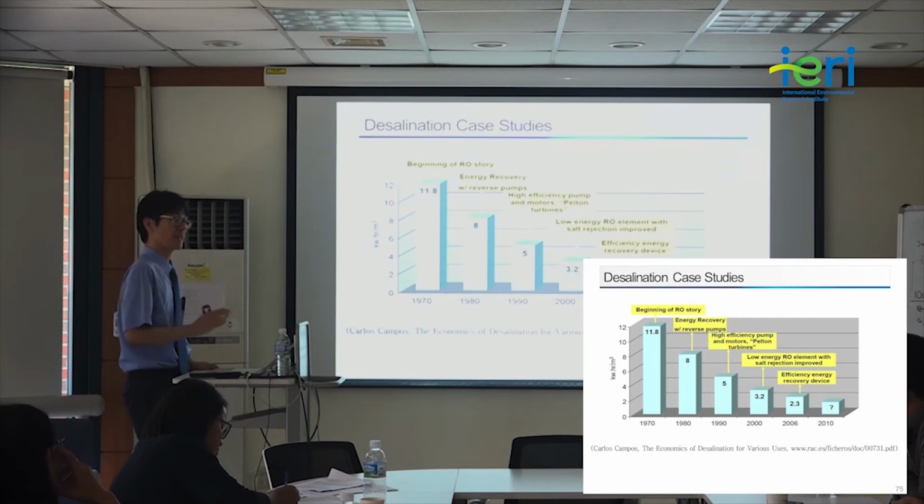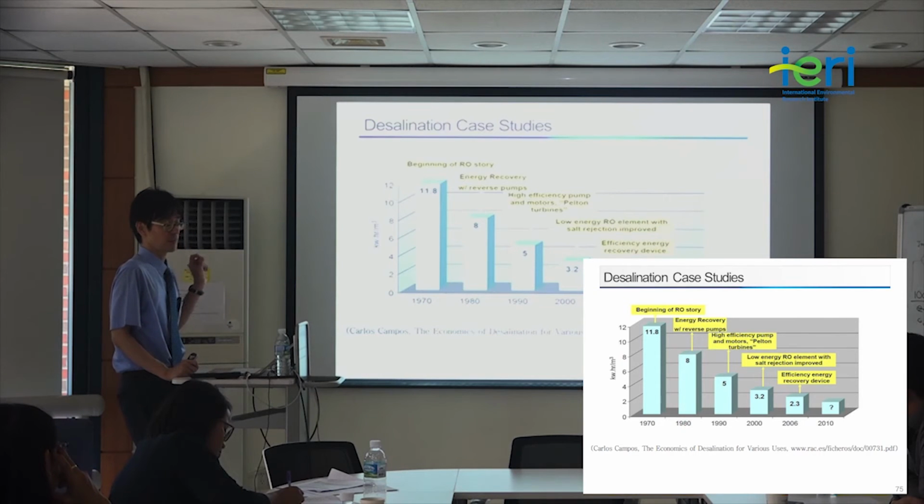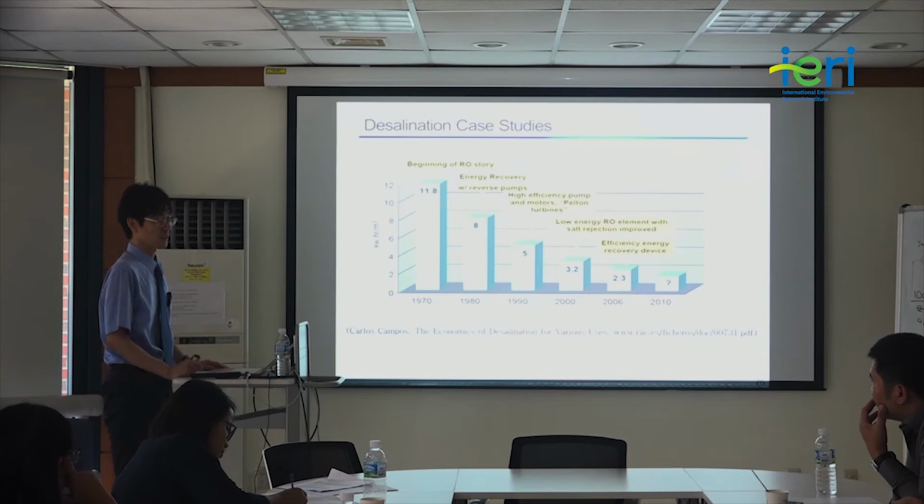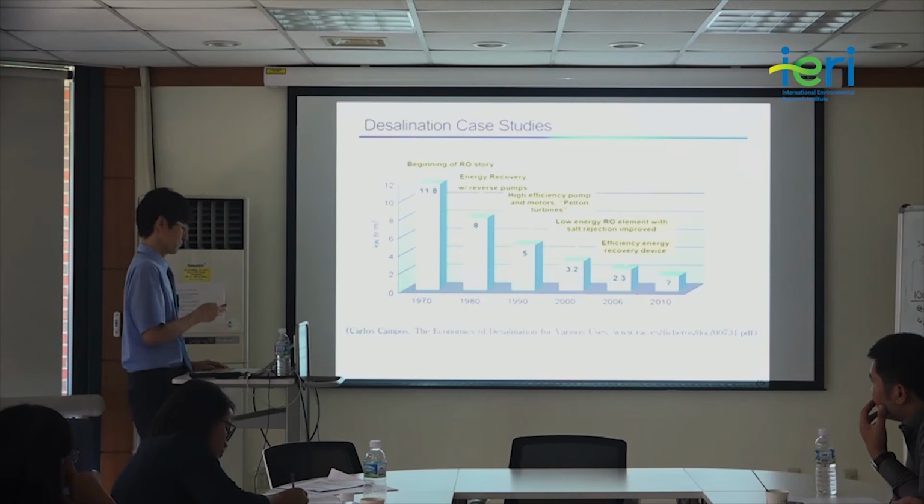Instead of a big technology, we now have small technologies that can save a little bit of energy. By collecting those and integrating the effect of this energy reduction, we now have desalination plants with small energy consumption.